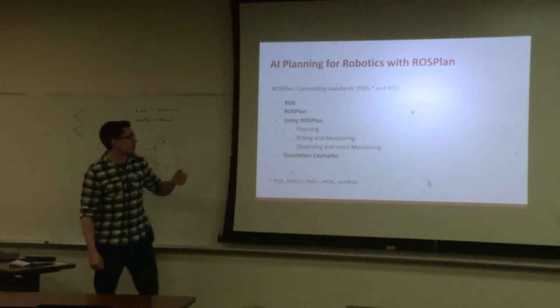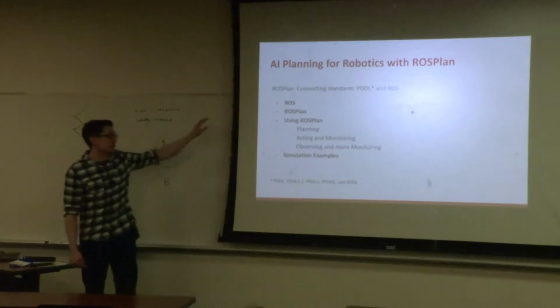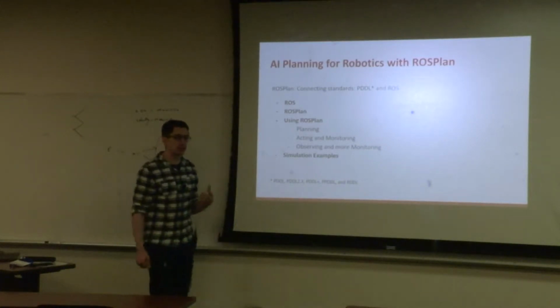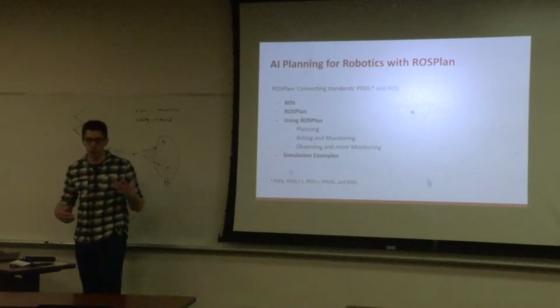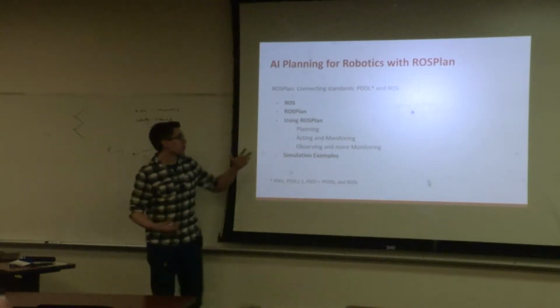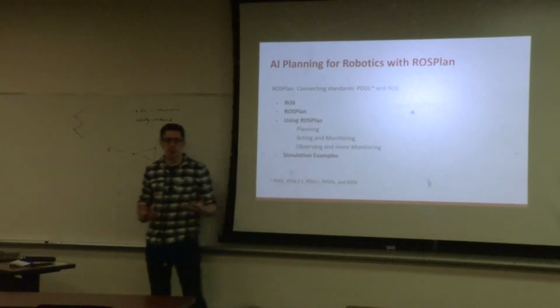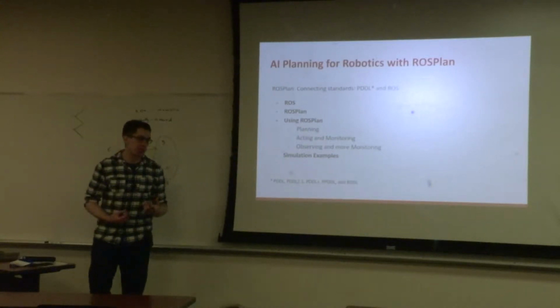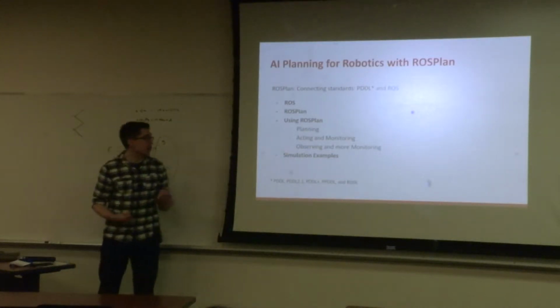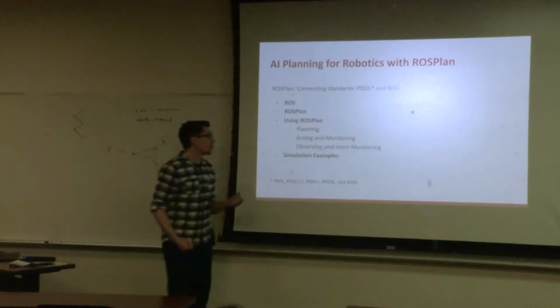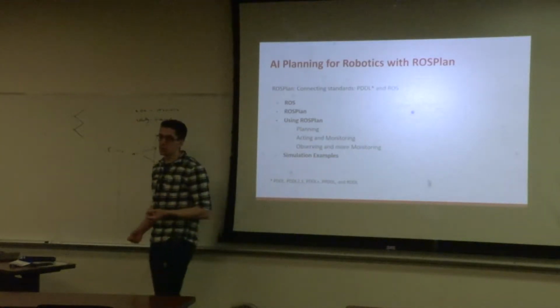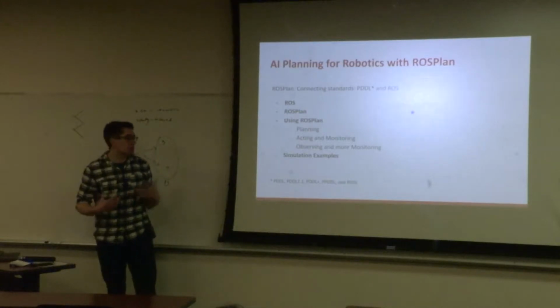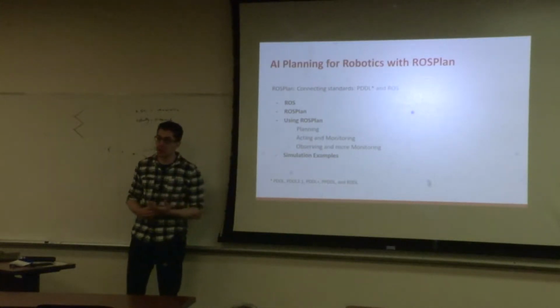The tools we've built for that we call ROSPlan, and we use them to connect PDDL and ROS. We chose this first because our group uses PDDL all the time, but it's also a standard language for planning. There's a lot of material out there for it, and on the robotics side, ROS is the same thing. It's one of the most widely used middleware for robotics.